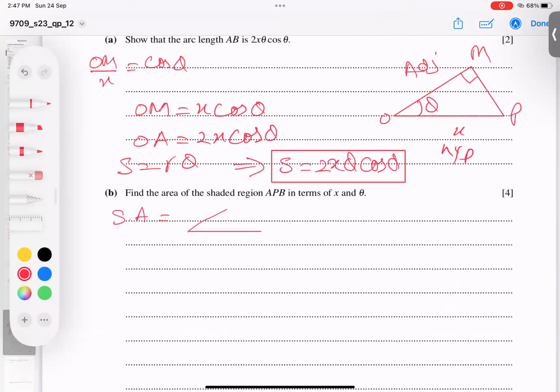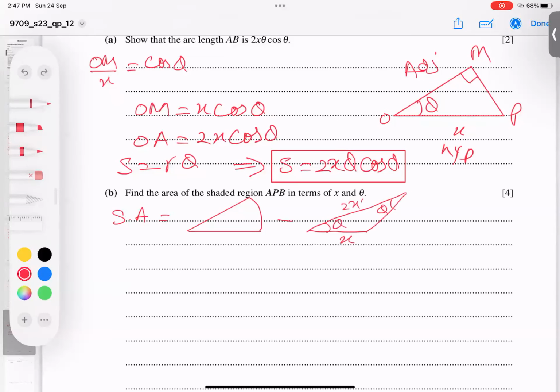I can show this diagrammatically. So this is a triangle, with theta, theta, and this gap we know already. And this is x, and this gap is 2x cos theta, because the radius is what I'm looking for.